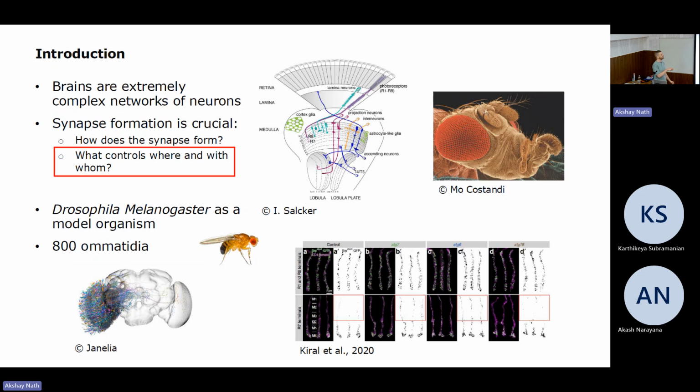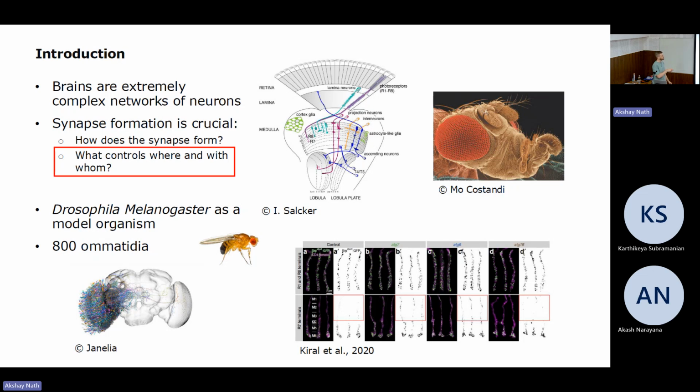They extend from the retina, from the ommatidia into the lamina, which is this part of the brain. Six types of them terminate here, so R1 to R6 terminate here, but 2 different types extend further into this part of the brain, which is called the medulla. R7 and R8 actually terminate here in different layers of the medulla.